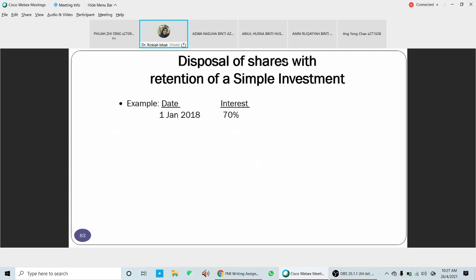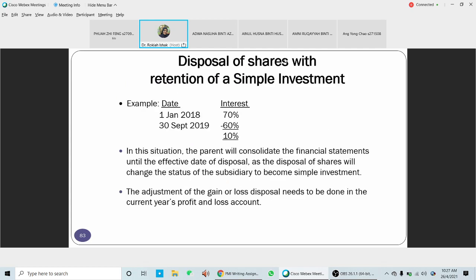Now we're going to dispose the shares, but this time we're going to retain it as a simple investment. Simple investment here means that your shares are less than 20%. For example, you have 70, dispose another 60, so now you're going to have only 10%.